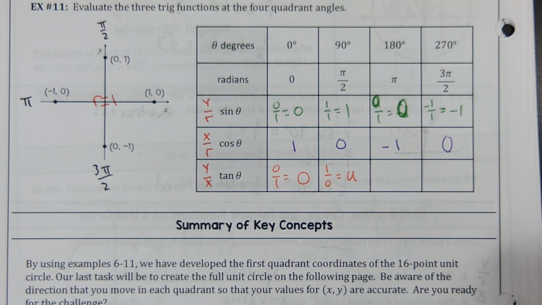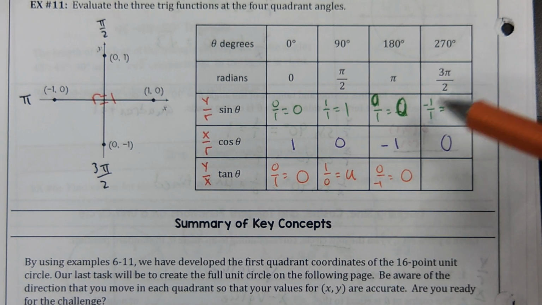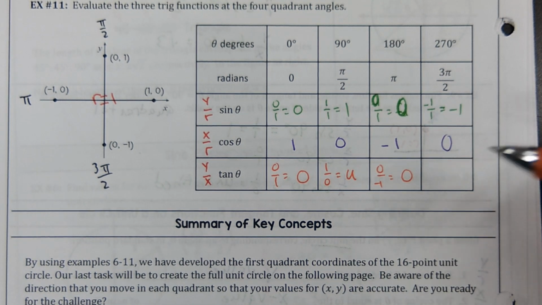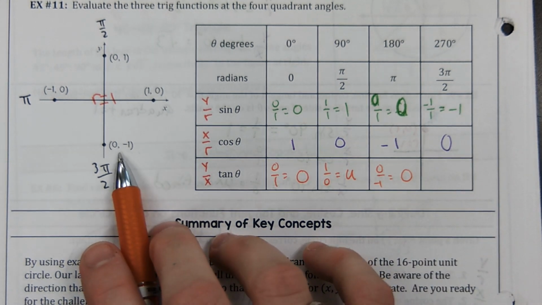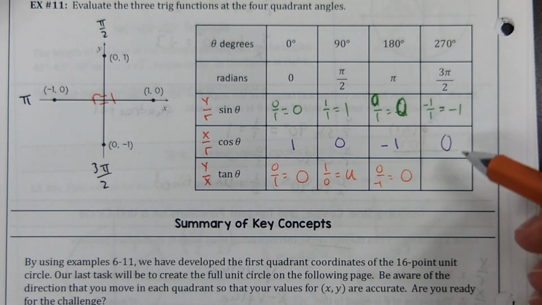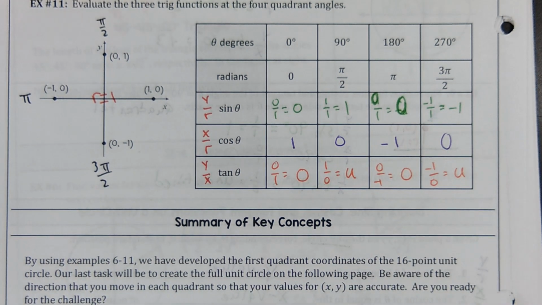Tangent's undefined on the y-axis because x is 0. Sine over cosine, or y over x, either way you're going to get 0 on the x-axis. And once again, when I'm on the y-axis, sine over cosine gives me negative 1 over 0, but that's just going to be undefined because I'm on the y-axis.